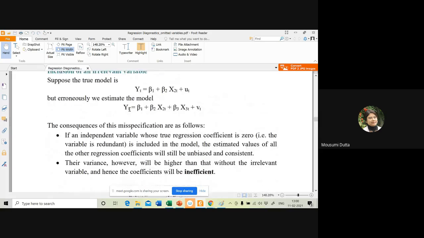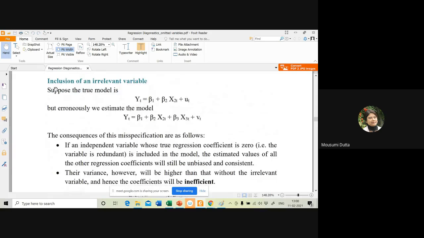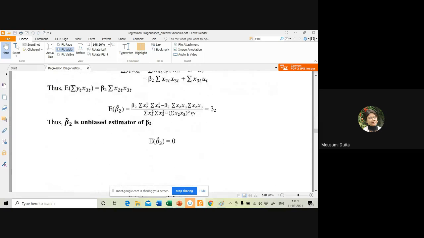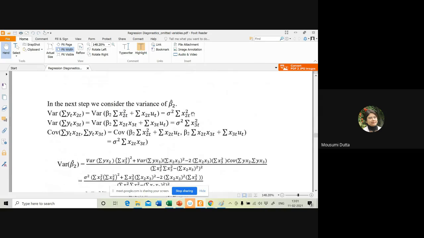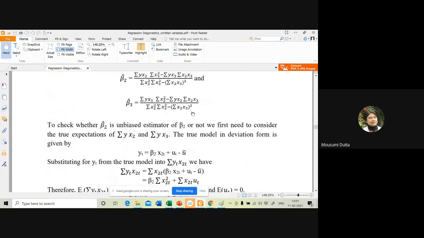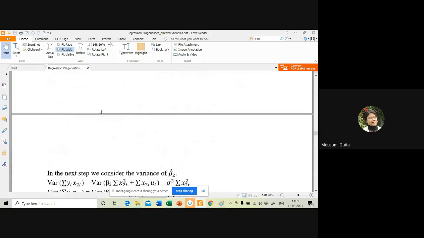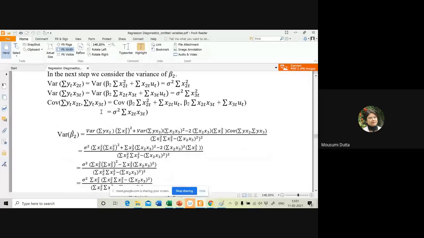Okay, and I'll send you material on the inclusion of irrelevant variables. So go through it and check everything properly. Check whether there is anything you do not understand. The first part is understandable because we did a similar kind of thing. Now concentrate on this variance covariance part and check whether these are understandable or not.